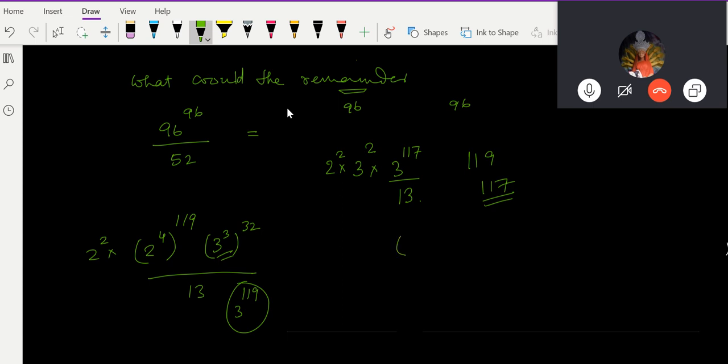So that means 3 to the power 117 means 3 cube into some power, right? Which would be 39. 3 cube by 13 means plus 1, right? So that will give me plus 1 as the remainder.